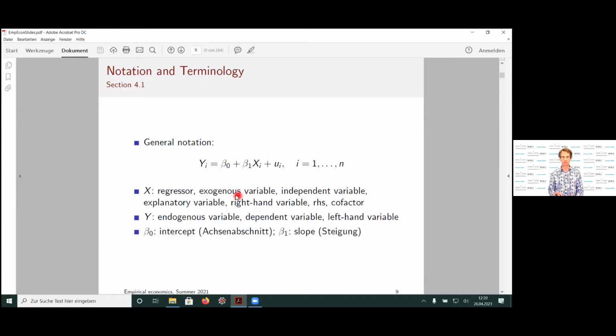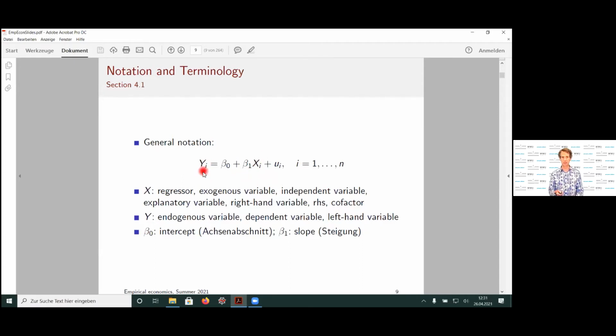So I try to talk about regressor variables when I talk about the x of the class sizes, for instance. And if you are going more into sociology or the more social sciences, apart from economics, then the term cofactor is used quite a lot. All right, so that's the right-hand side variable, the explanatory variable, the regressor.